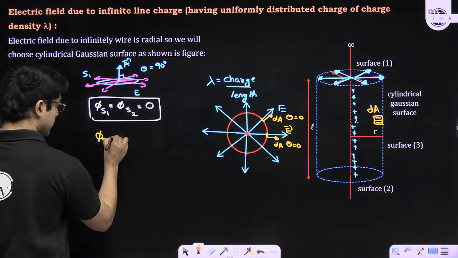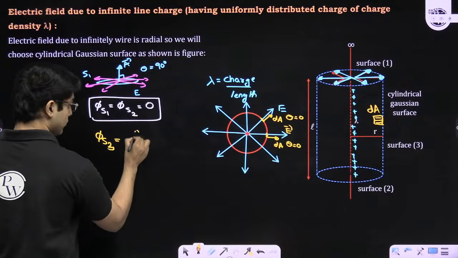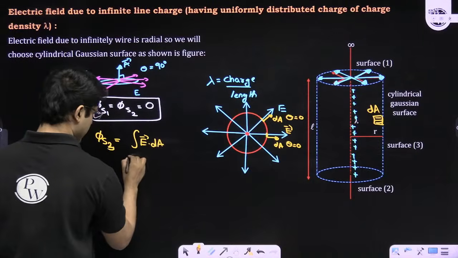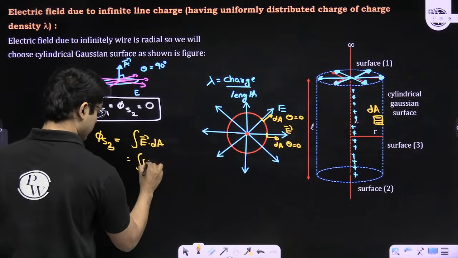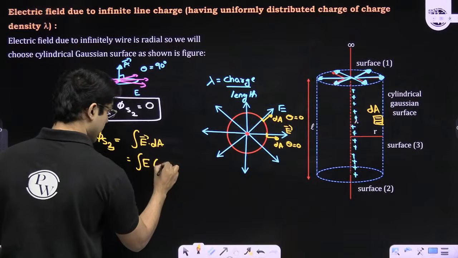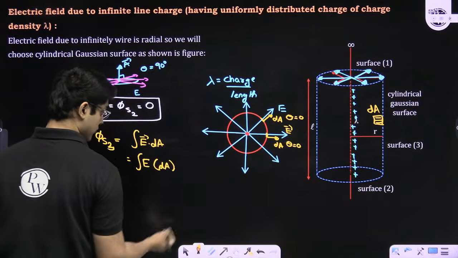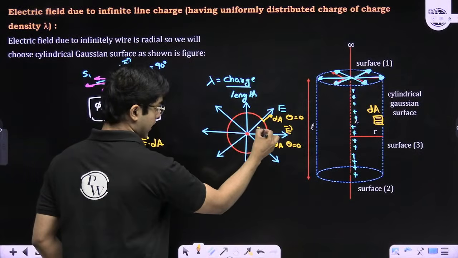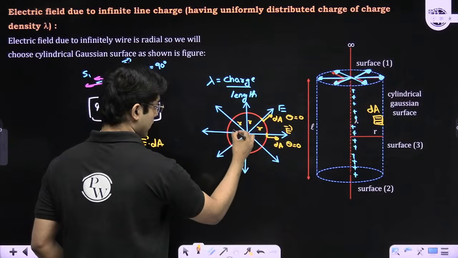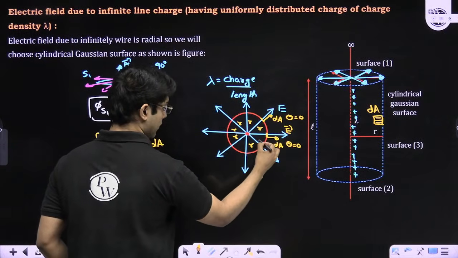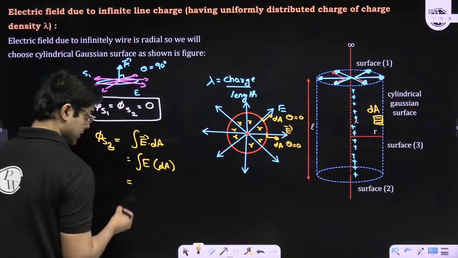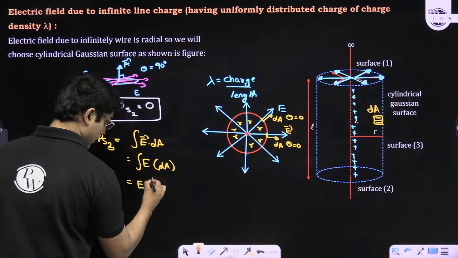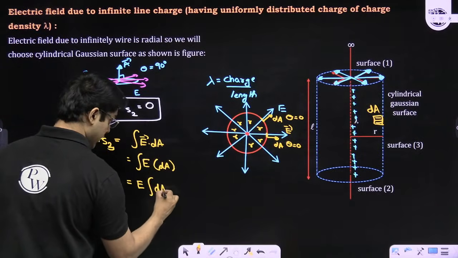So flux through the third surface, we will use the integration of E dot dA, and this we will simplify as integration of E into dA into cos 0, which is 1. And because all the points on the cylinder are at a radius r from the center, by symmetry we can say their electric field magnitudes are all the same. So because E is constant, we can take it outside, and what is left inside is integration of dA.